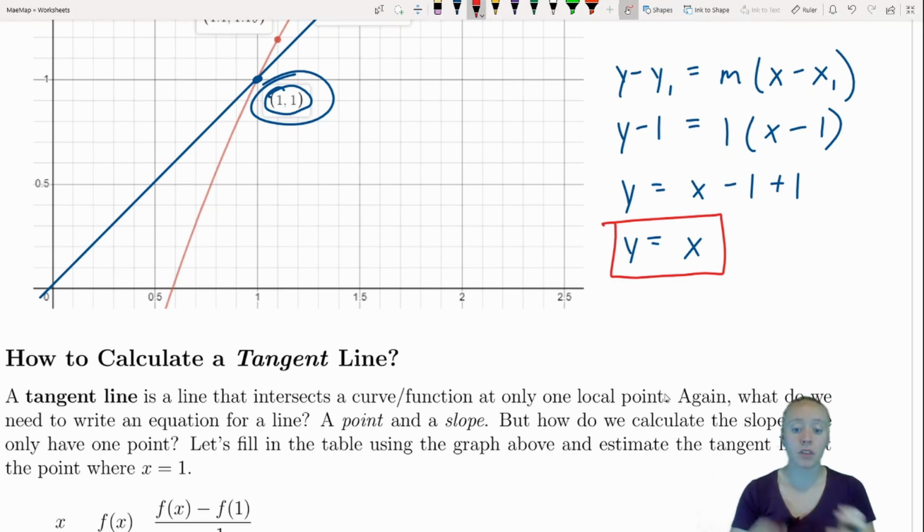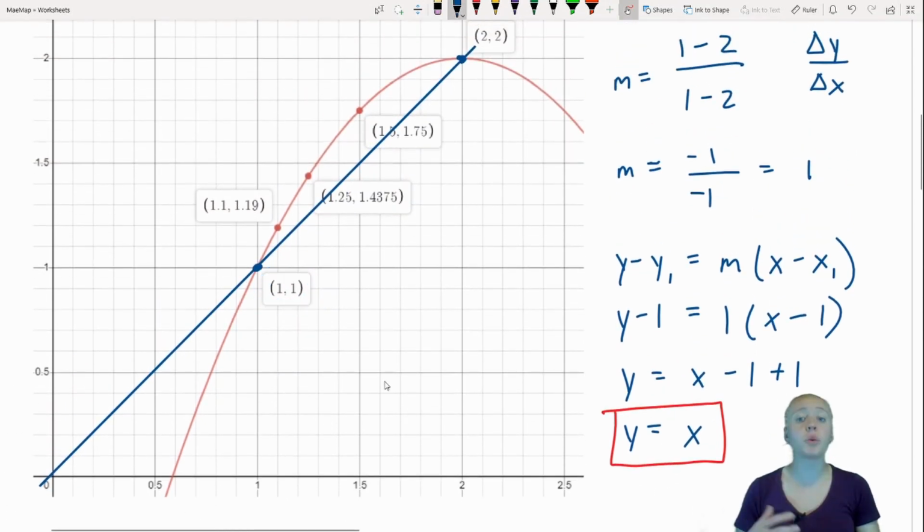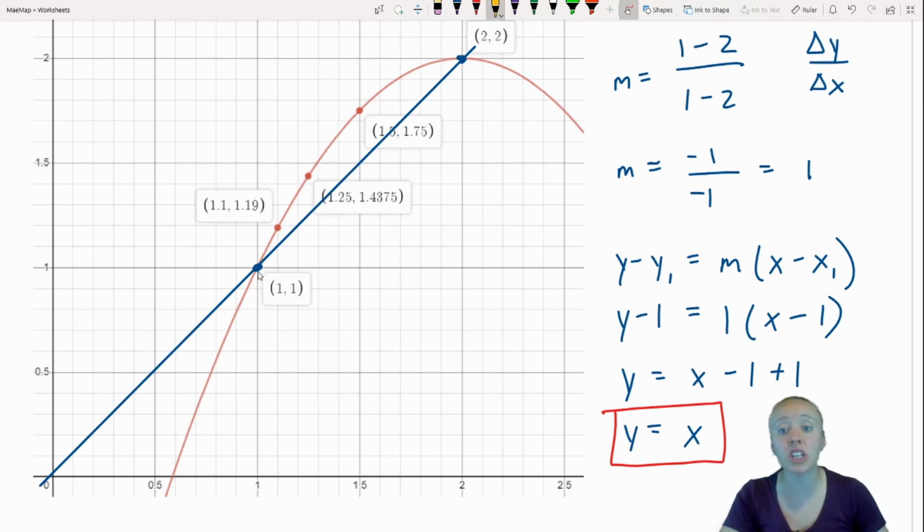would be. So for example, what we're going to do up above is we already have this blue secant line. If I want to find the tangent line at the point 1, 1, the tangent line intersects just this point 1, 1 locally. Obviously, if we had some graph, I'll just do a quick sketch over here.